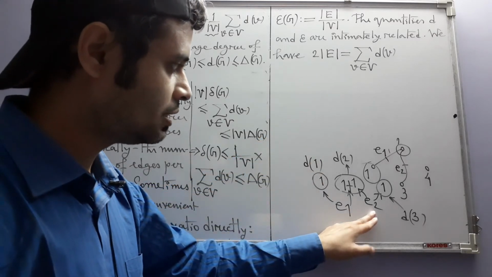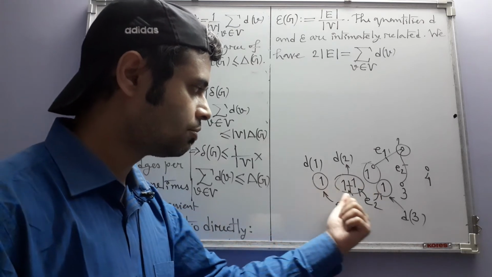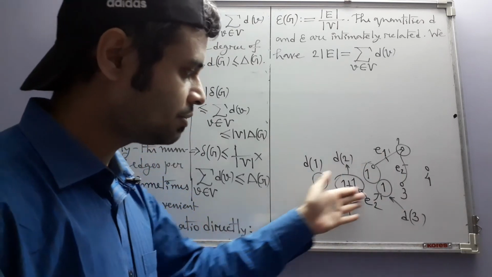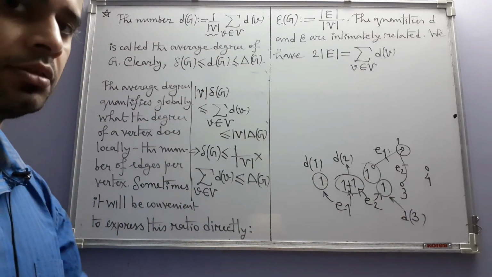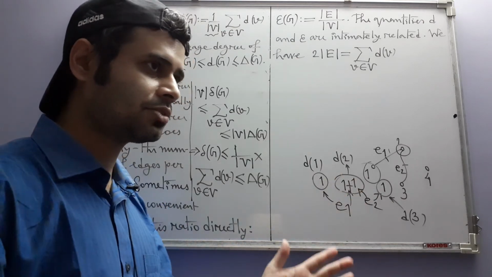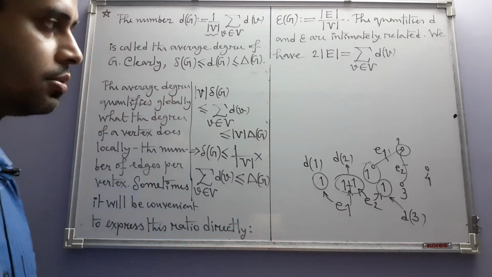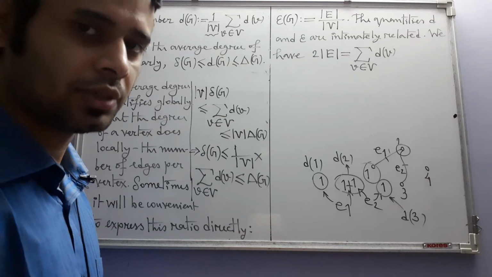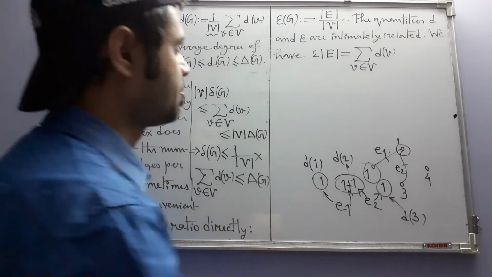If you have 2 edges like what you have here, then the sum of the degrees is 4, 2 plus 2. If there are 3 edges, then the sum of the degrees is 6, 2 times 3. If there are 4 edges, the sum of the degrees will be 8. Like that it will go. So you take the double of the number of edges, then that gives you the sum of the degrees.